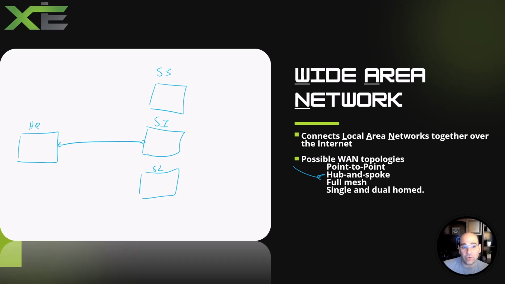We can go with what's called a full mesh, which is where each of these sites would be a fully connected point-to-point network. And what I mean by that is HQ would connect to site 3. That would be a point-to-point. HQ would connect to site 2. That would be a point-to-point. Site 2 would connect to site 1, and site 1 would connect to site 3, and site 3 would connect directly to site 2.